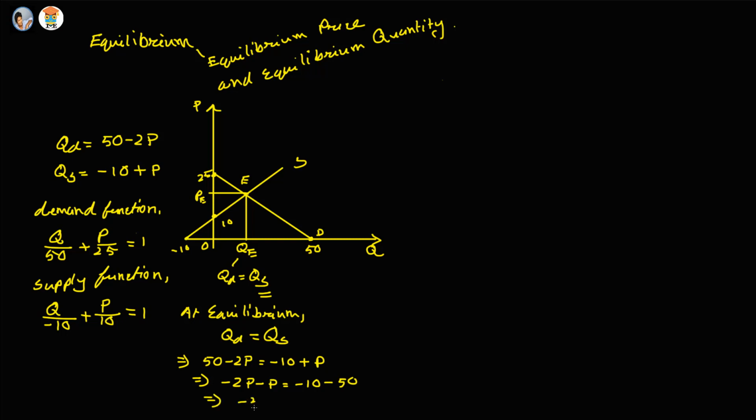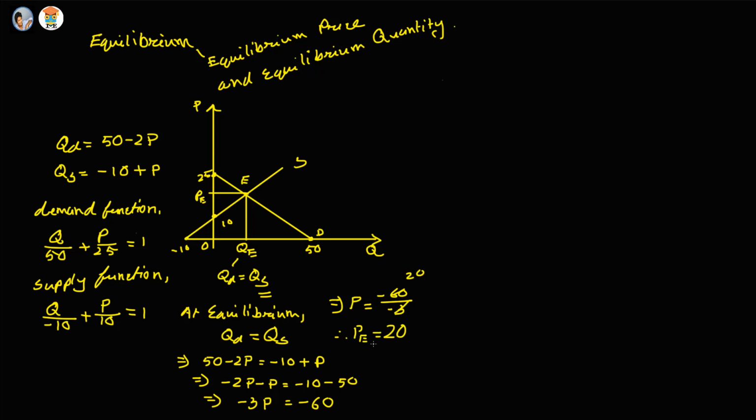Therefore, minus 3P is equal to minus 60. Then P is equal to minus 60 divided by minus 3. Therefore, we can say equilibrium price PE is equal to 20.